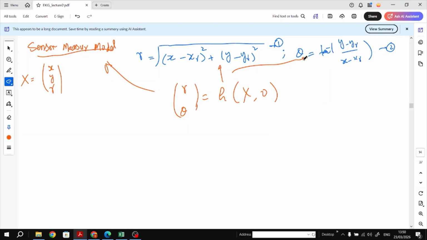Okay, so how to linearize it so that we can incorporate this in the EKF. We take the h function to get H. So H, what is that? Jacobian matrix. We call it measurement Jacobian matrix.